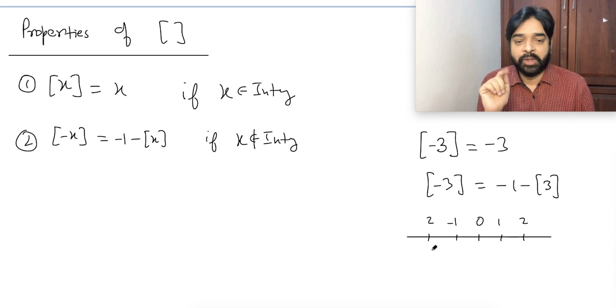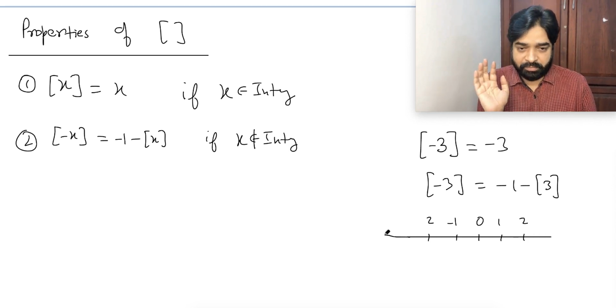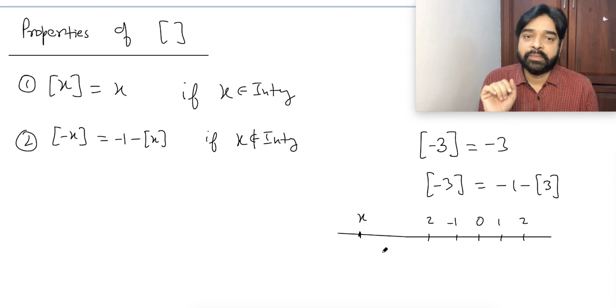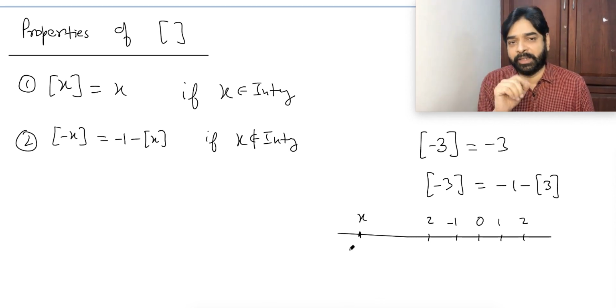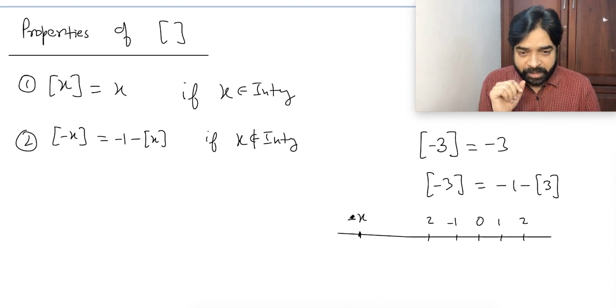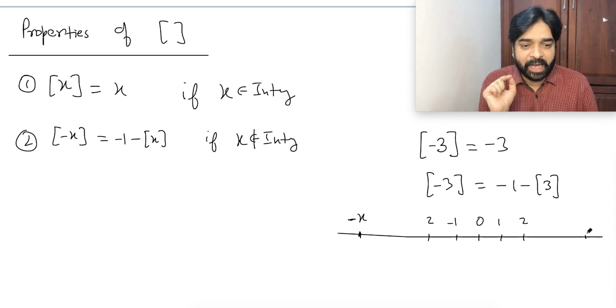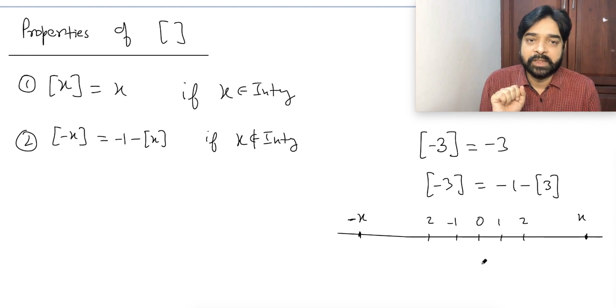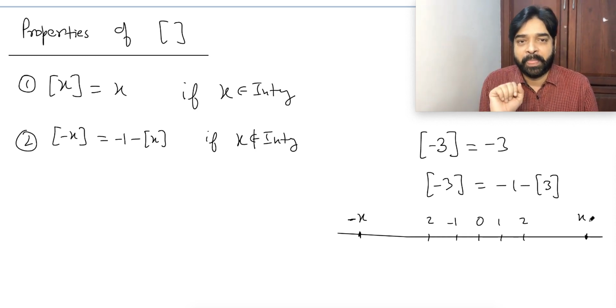Imagine here is the x. I don't know between which integers x lies. Here is minus x, sorry. So minus x's reflection will be somewhere here or not? Minus 1 reflection 1, minus 2 reflection 2. So minus x's reflection will be somewhere on the right side or not?